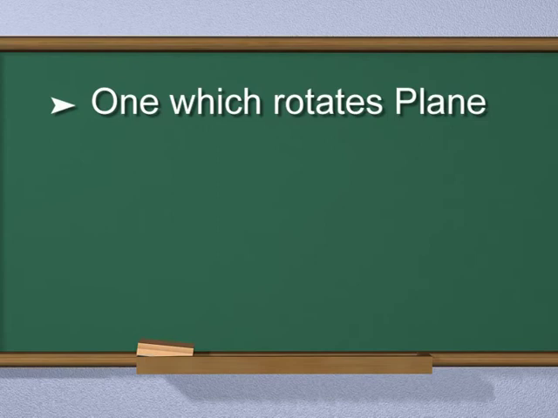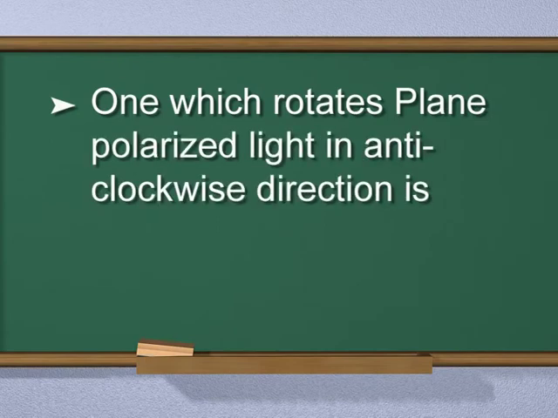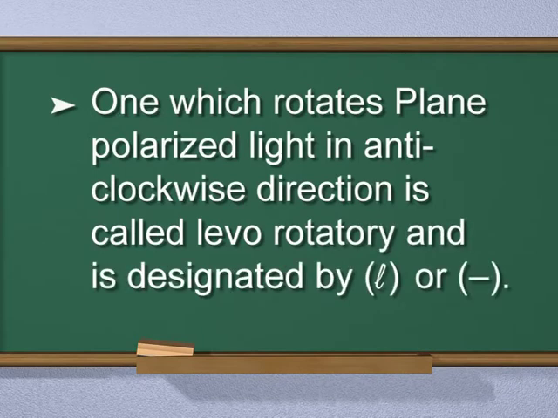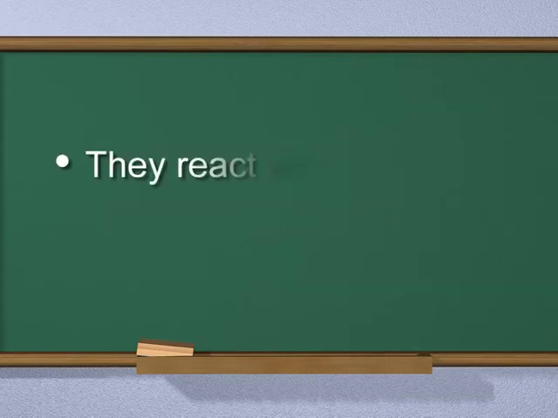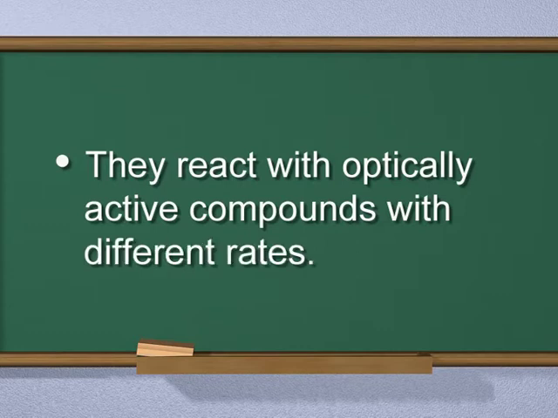One which rotates plane polarized light in anti-clockwise direction is called levorotatory and designated by L or negative sign. They react with optically active compounds at different rates.